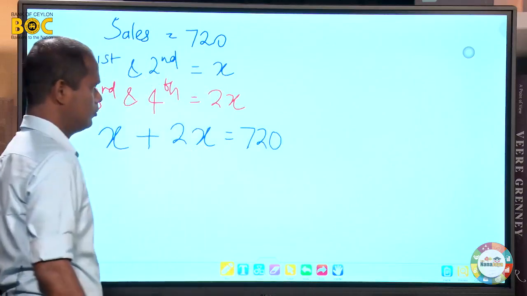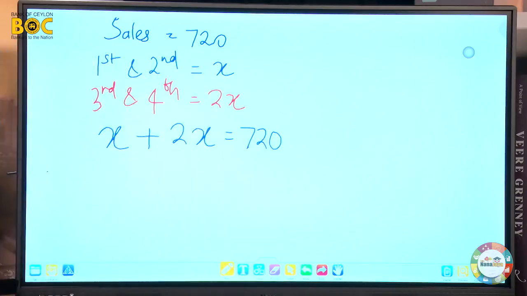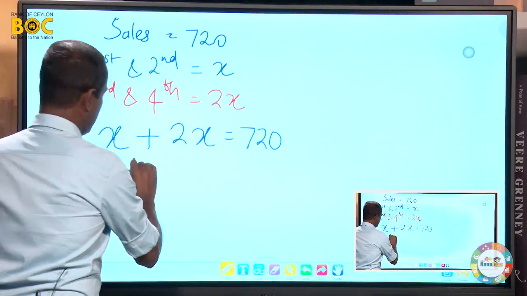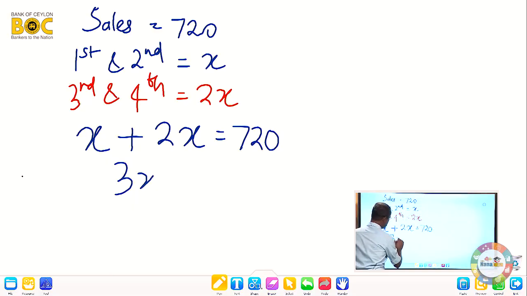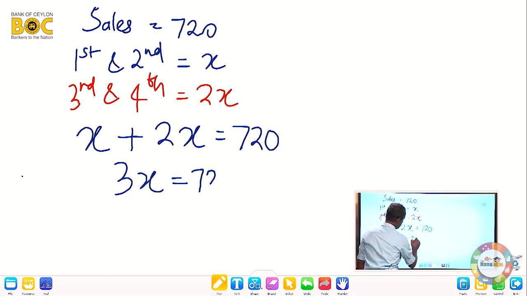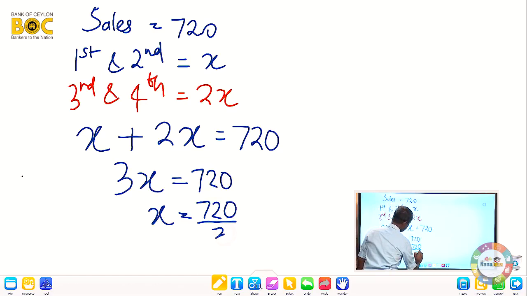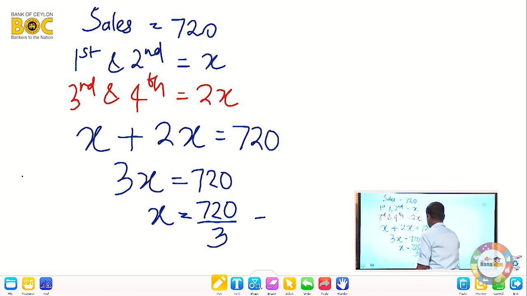Right. Then you can calculate value for x. 3x equals 720, x equals 720 divided by 3.